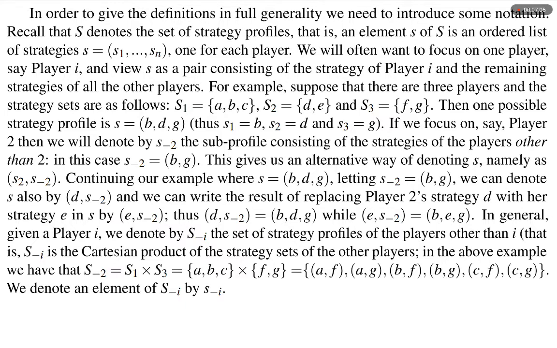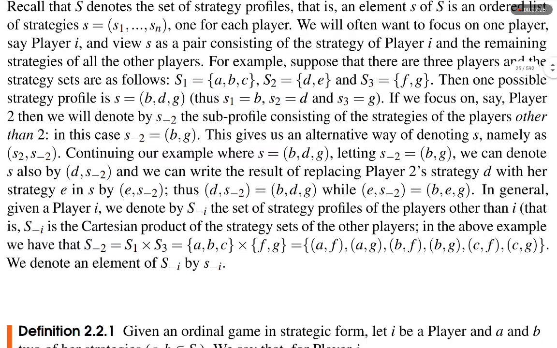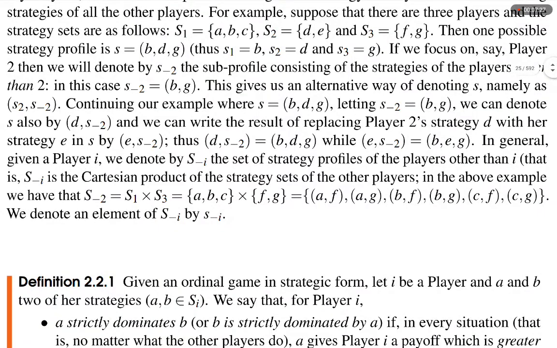We will often want to focus on one player, say player I, and view S as a pair consisting of the strategy of player I and the remaining strategies of all the other players.